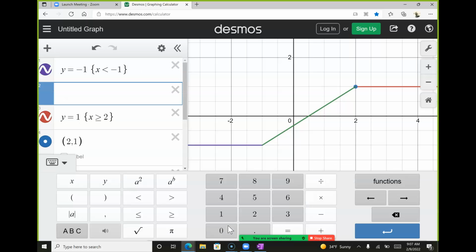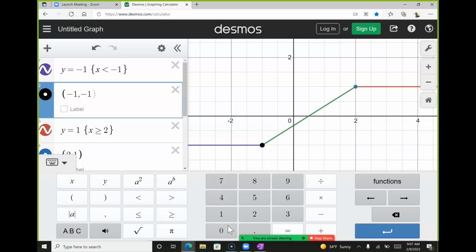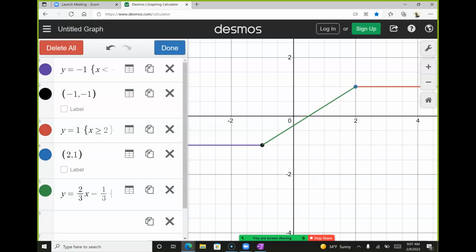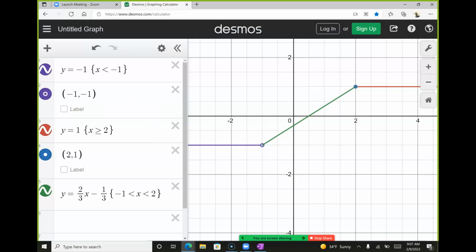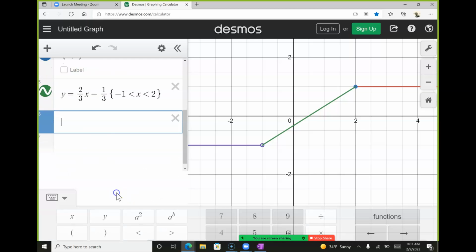So I wanted that hole purple. So -1, comma -1. And then I want to change color. I want it purple and I want a hole. And then I don't know if I put another point in green, I can, but I don't think it will cover the purple.